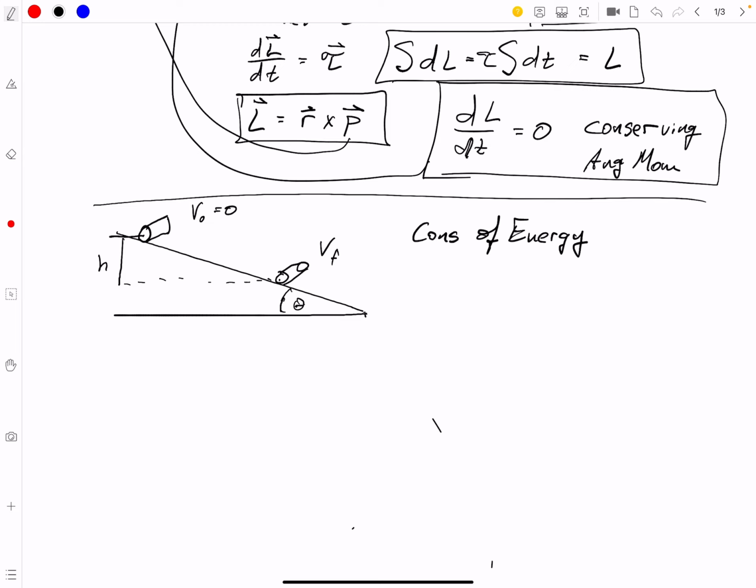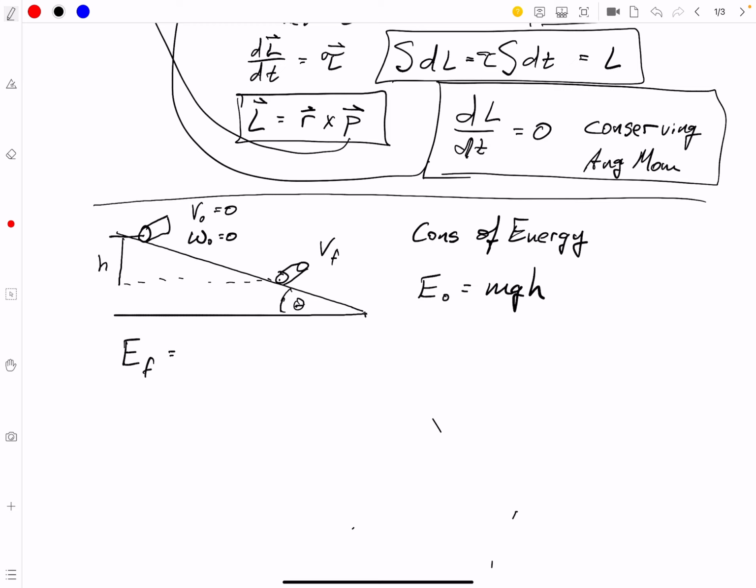We wrote out that the energy initial, since there's no rolling, was all mgh for energy.